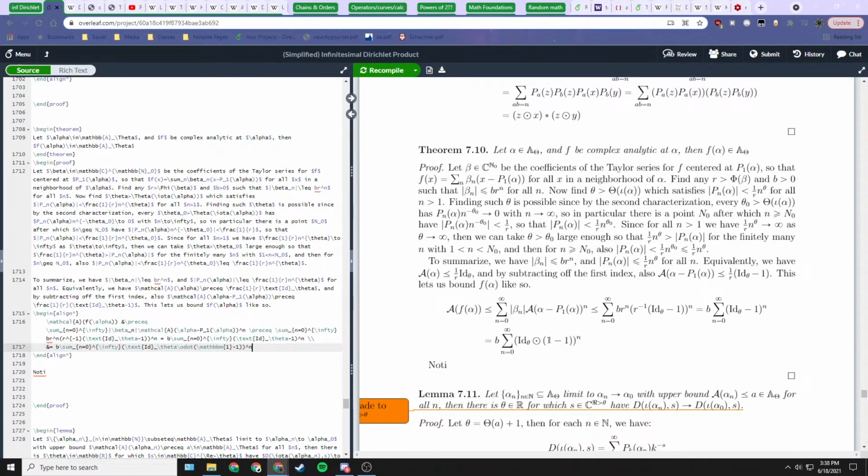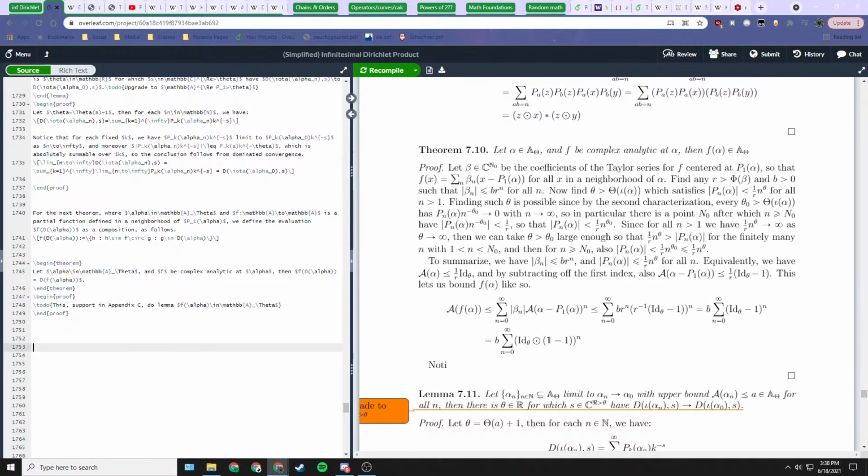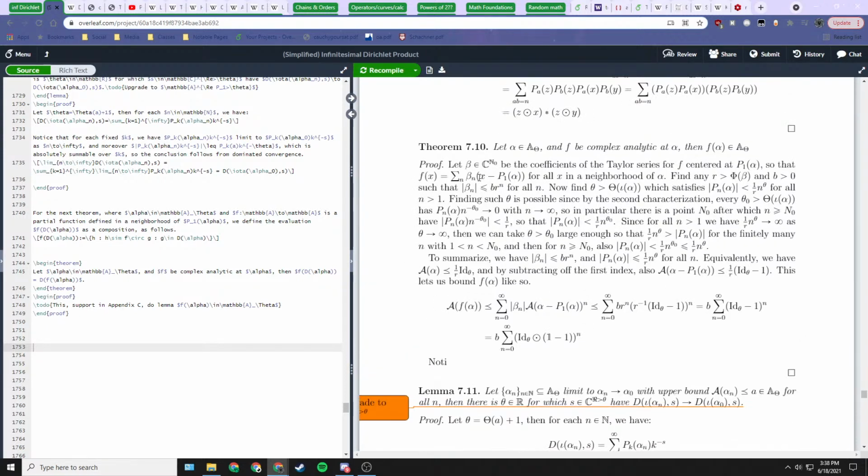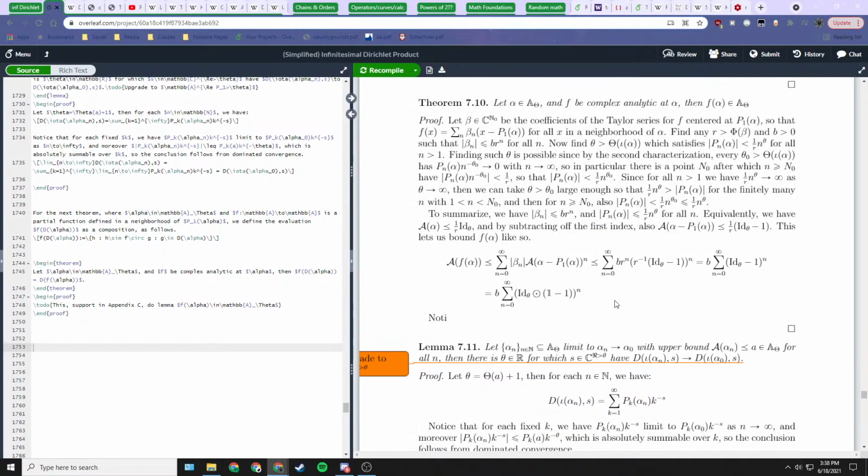So all we've done is calculate the absolute value of f of alpha. We have the absolute value of beta and the absolute value of alpha minus p1 alpha. Again, this is just from F as a Taylor series. Beta n, we apply the bound for beta n, and we apply the bound for alpha minus p1 alpha as this.